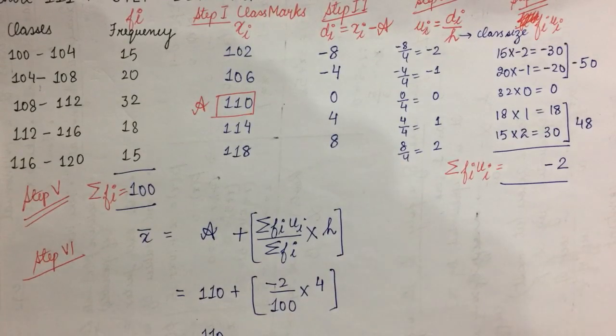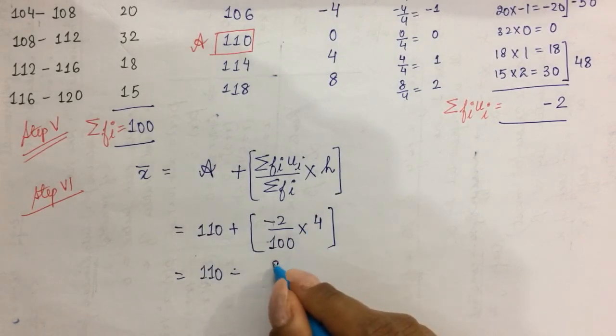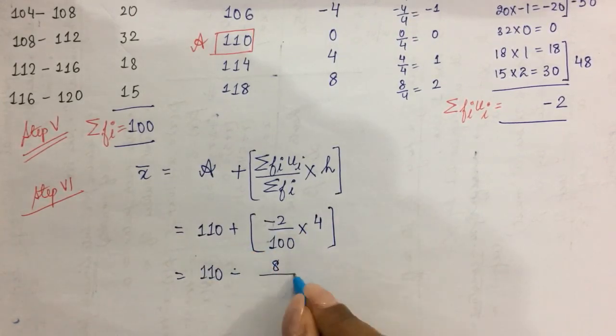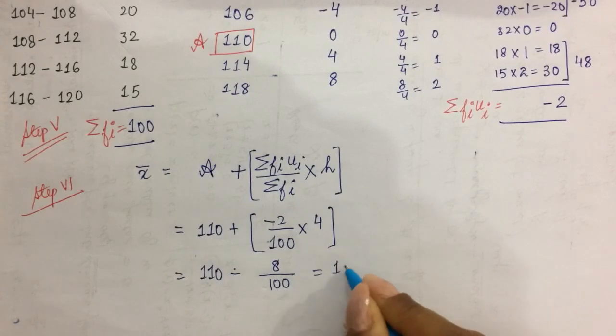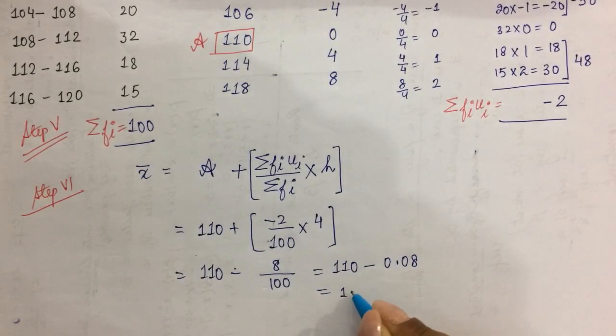So this becomes 4 2s are 8, negative and positive make a negative over 100. So this becomes 110 minus 0.08, which gives me 109.92. This will be the mean using step deviation method.